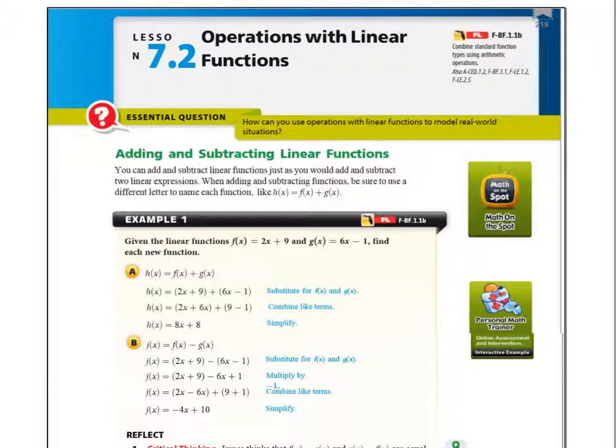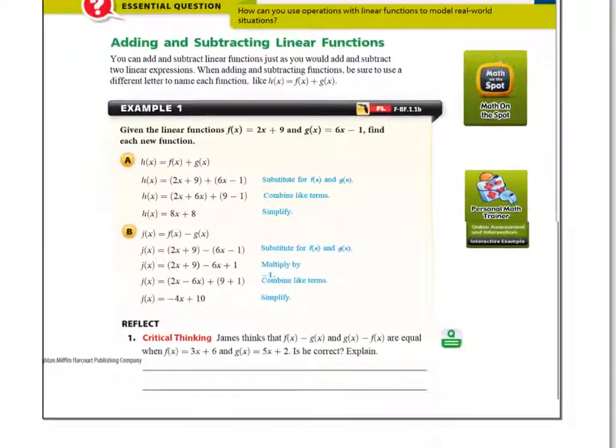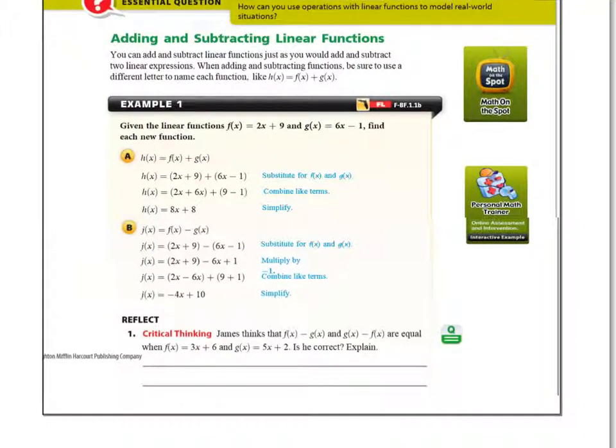So if I look at the examples they gave us, here are my 2 functions, 2x plus 9 and 6x minus 1, and the first thing they want to do is add them together. So we write f of x, which is 2x plus 9, g of x, the 6x minus 1, and we look for any like terms.